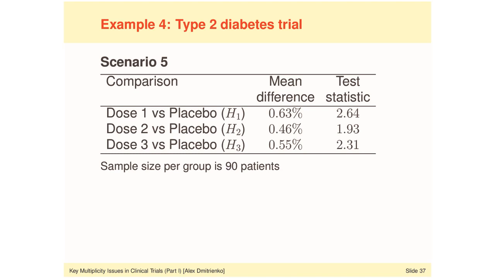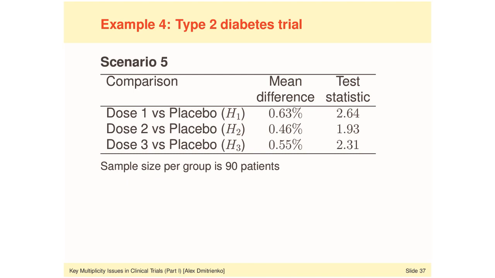Let me show you how to use the SAS macro and R function I introduced on slides 35 and 36 in the type 2 diabetes trial. This table, and we've seen it several times before, defines the test statistics for the 3 dose-placebo comparisons in this trial. This is the information we need to apply a parametric multiplicity adjustment.